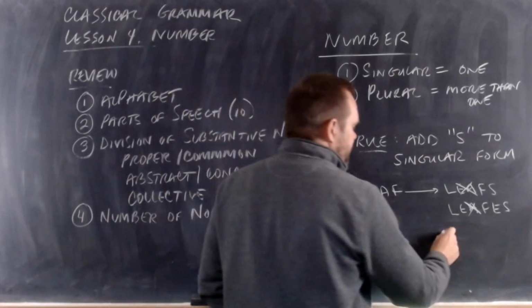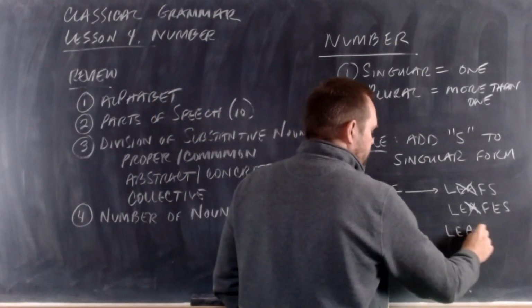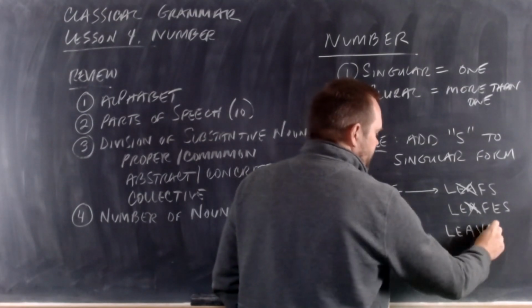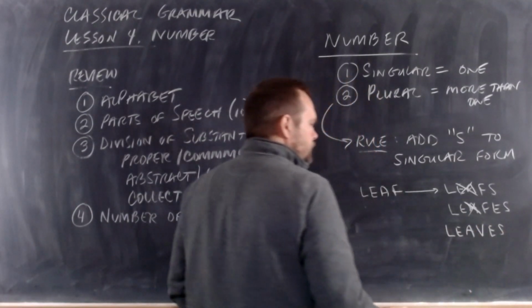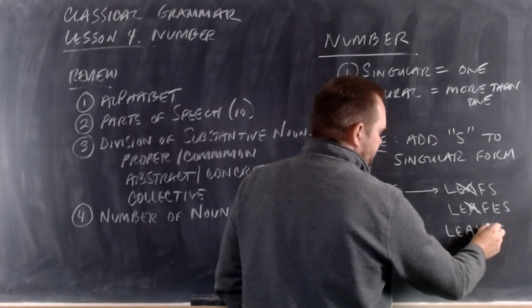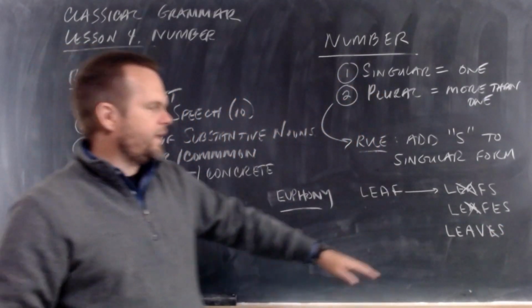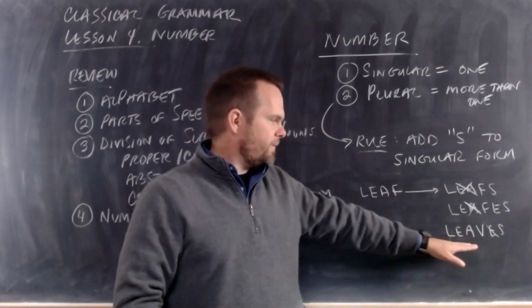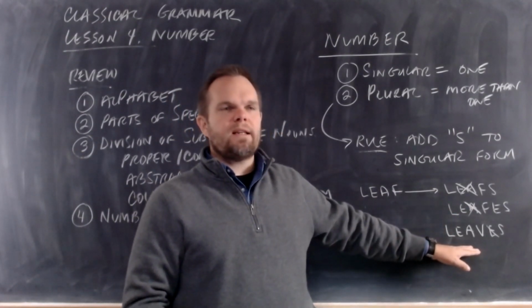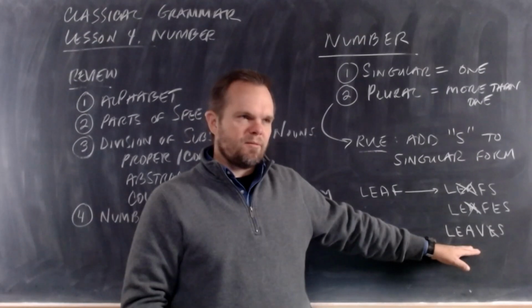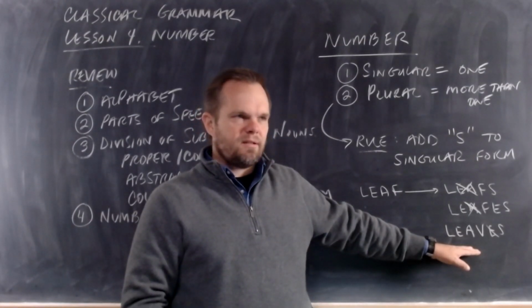We can make this easier if we convert the F to a V. And then this E is actually silent. So we say leaf in the singular, and for the plural, we say leaves. Leaves.